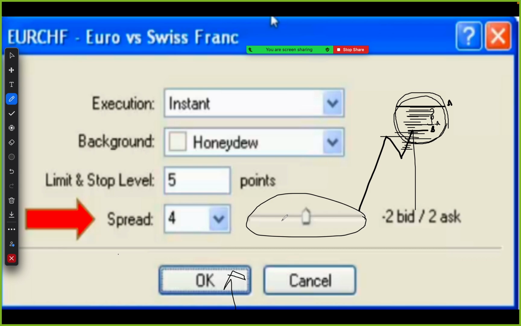The tool is, if you have a variable spread dealer, you will see the spread open up, or you'll see the spread widen and then narrow around certain price points and around a specific time.